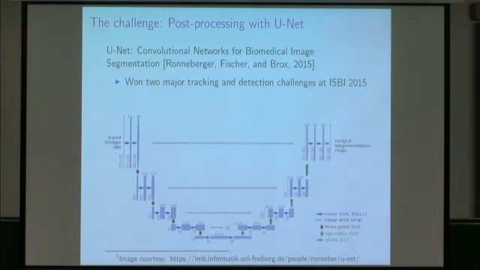This UNet is very popular, especially it won those two very prestigious challenges at the International Symposium for Biomedical Imaging, I guess. And it's based on this multi-level decomposition, you could say.